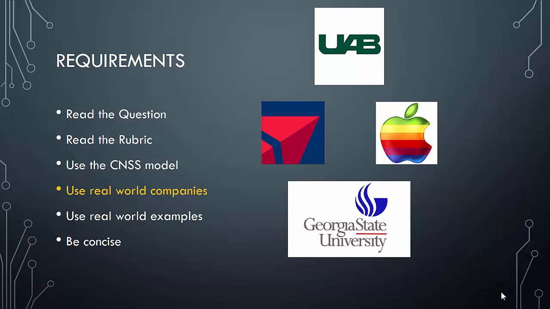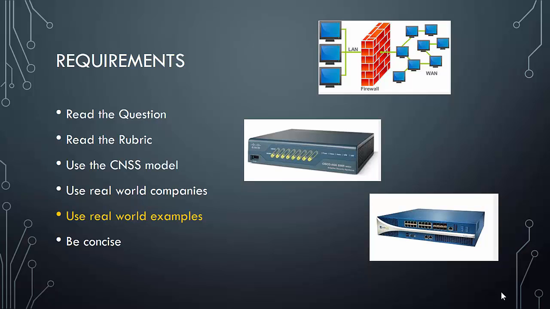Mentioned this earlier, but for questions 1 and 2, you want to use real-world companies. And I've put some icons up there so that you can get in your mind what a real-world company looks like. You want to use real-world examples. Maybe you start with a generic discussion of a firewall, if that's the topic.